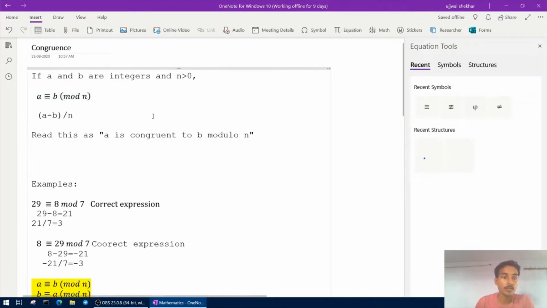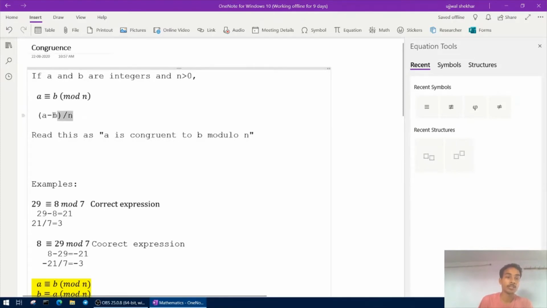What it says is that if we have an integer a and an integer b, and then an integer n which is greater than 0, so it is necessary that n should be greater than 0. It can't even be 0, right? So we can say that a is congruent to b modulo n. This is how we read it.